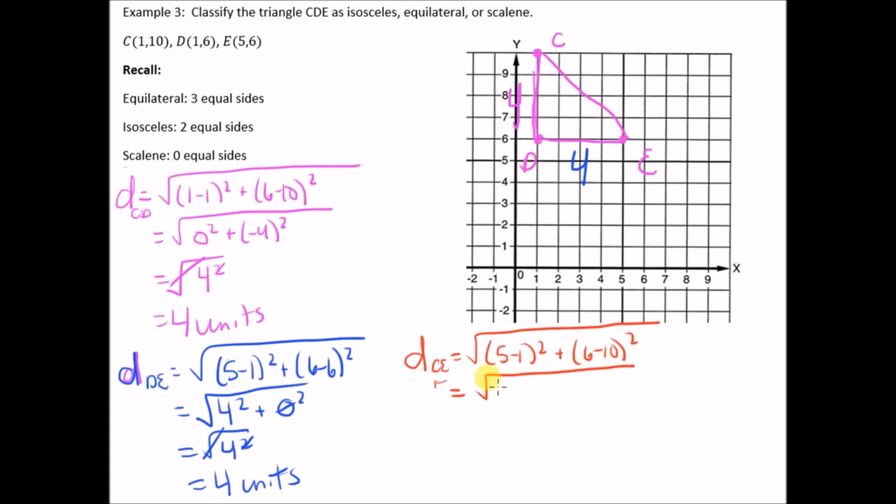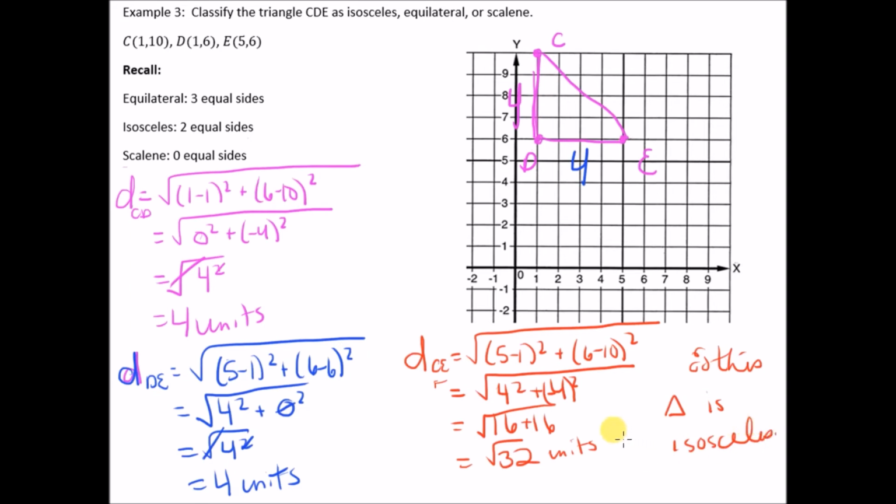This time I get 4 squared plus negative 4 squared, so 16 plus 16. So I get root 32. Root 32 doesn't equal 4 units. So we can say, therefore, this triangle is isosceles. But you have to show this third one, because if this was 4, then it would actually be equilateral.